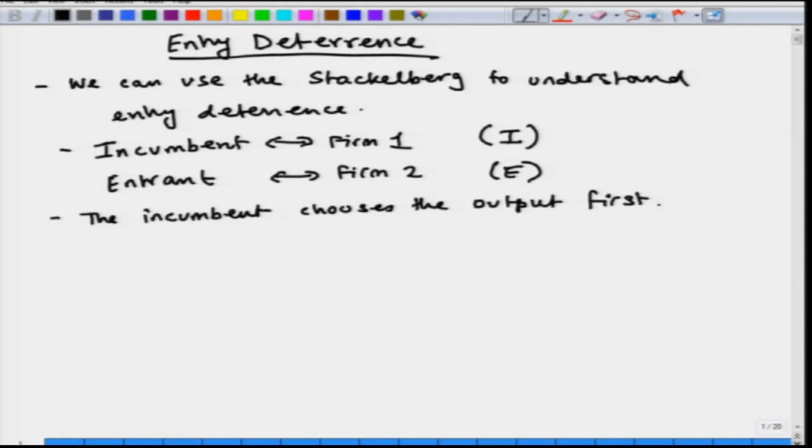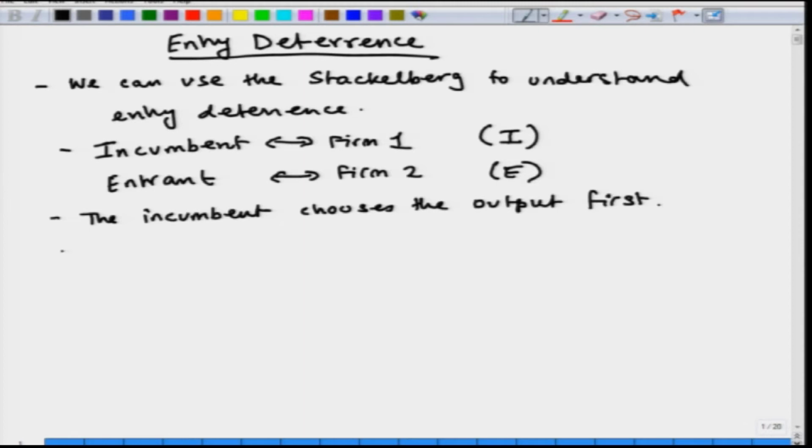Now, there are two assumptions that we are going to impose. The first one is a strong and restrictive assumption, which says that when the incumbent chooses this output, whatever be that output, the entrant is going to believe that once it enters, the incumbent is no longer going to alter that output, right.